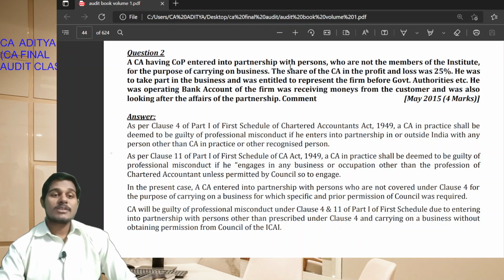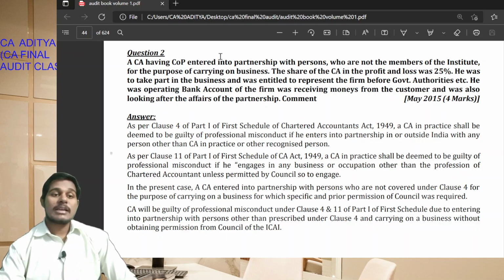A CA having COP entered into a partnership firm with persons who are not members of the institute for the purpose of carrying on business. The share of the CA in the profits and loss was 25%. He was taking part in the business and was entitled to represent the firm before government authorities. He was operating the bank account of the firm, was recovering money from customers, and was also looking after the affairs of the partnership firm.